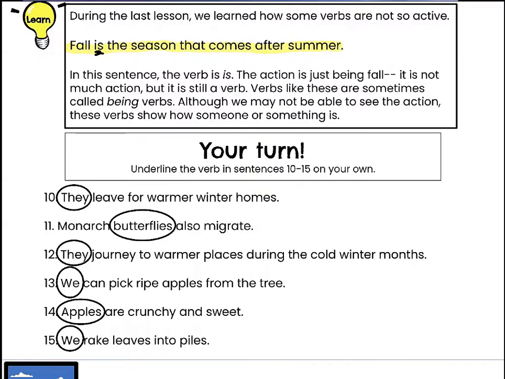Number 15, we rake leaves into piles. Now I will give you a hint. Number 14 is a tricky one. This is where we want to maybe remind ourselves of the rule above. Sometimes verbs don't have a lot of action. They either just are something or they're just being something.